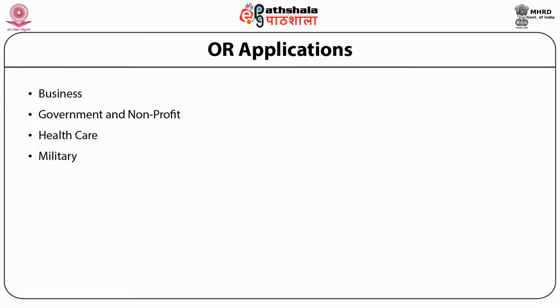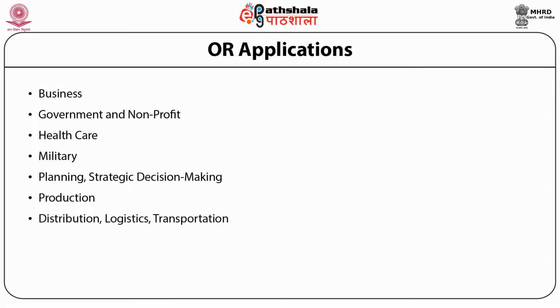In the majority of organizations, including information organizations, the application of OR can be seen in decision making, planning, and policy making. Then, in the production sector, OR is very helpful. Besides this, distribution, logistics, and transportation also have OR applications.